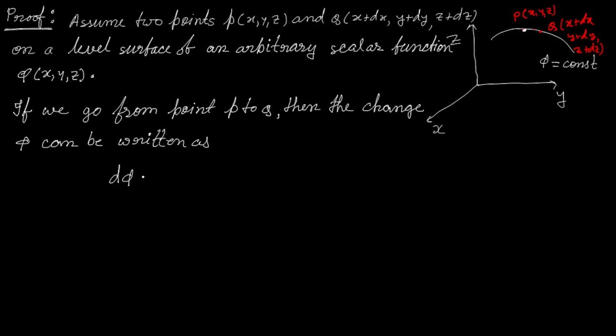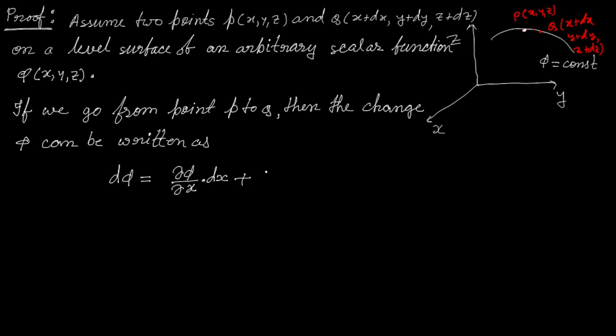d phi is equal to the rate of change of phi with respect to x, and if we go from P to Q we change the value of x by dx, so we multiply by dx. The first term represents the rate of change of phi per unit change of x, and since going from P to Q changes x by dx, we multiply with dx.